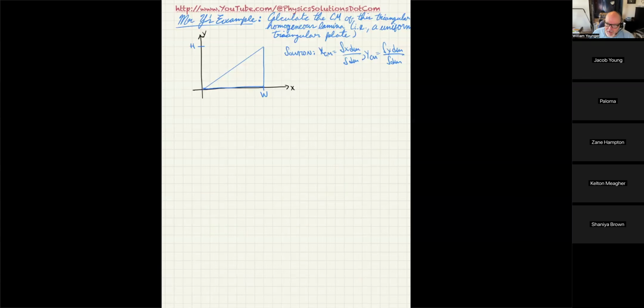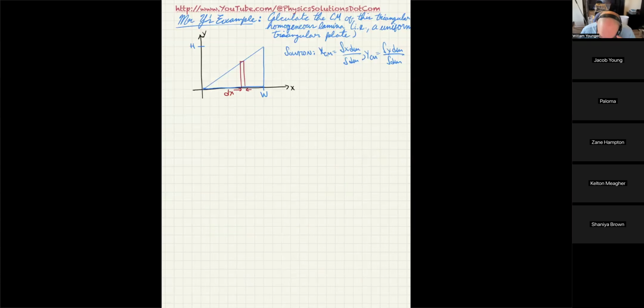To do that, I'm going to imagine a little rectangular Riemann-sum-type rectangle like this, whose width is dx, so that the left-hand side has an x coordinate of x and the right-hand side has an x coordinate of x plus dx. They only differ by an amount dx, which is infinitesimally small, so that's fine.